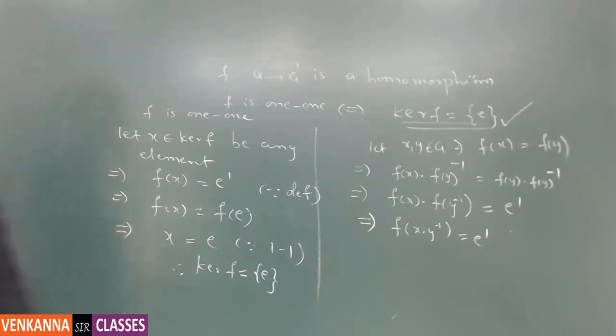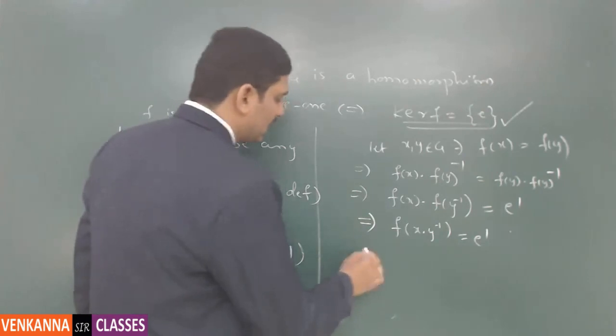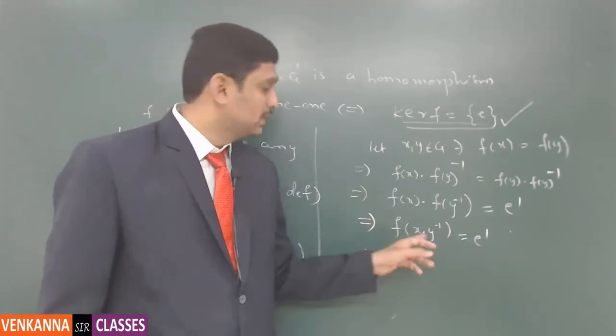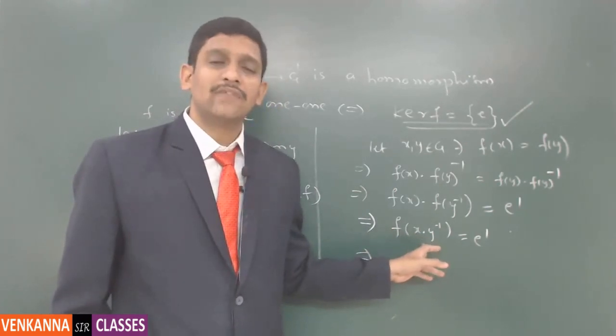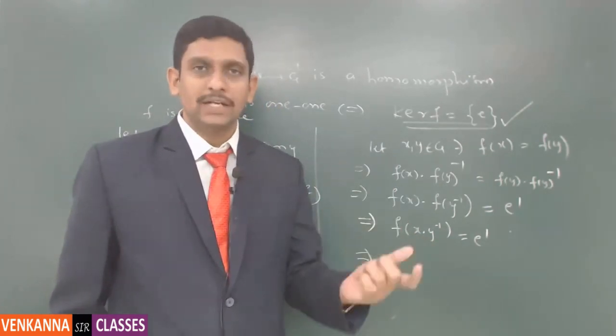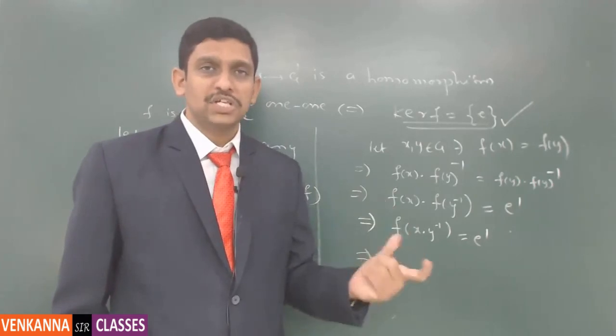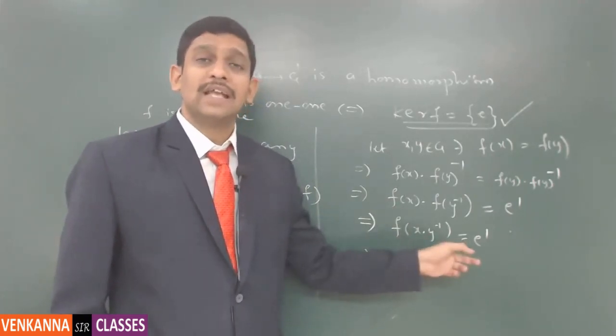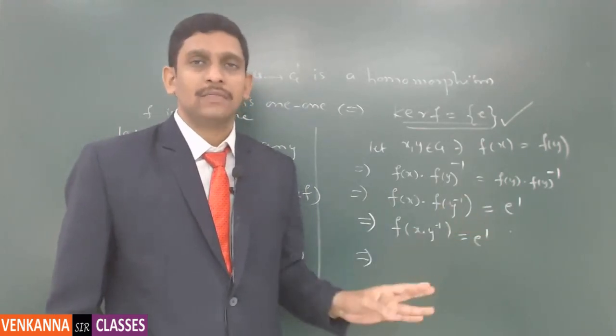Now, immediately I can say, if we observe clearly, that x y inverse is an element for which I am applying the function f, and the result has become identity.